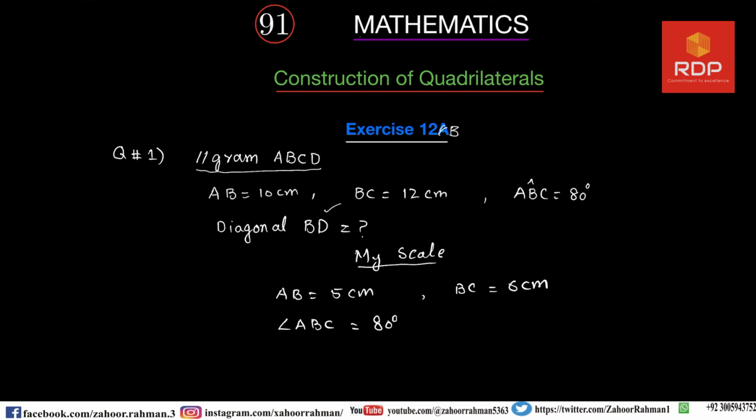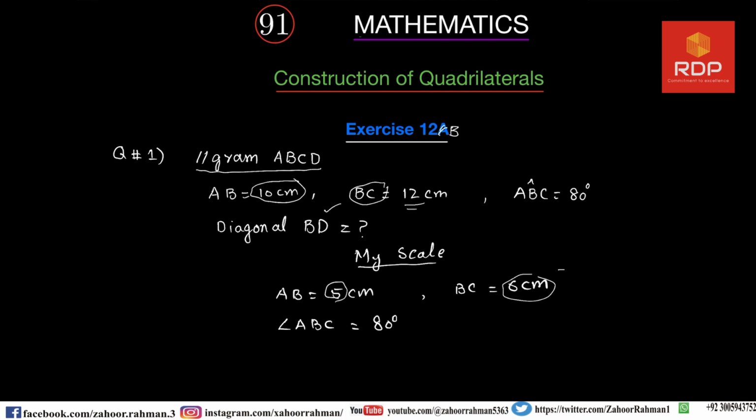Because I told you in many of my previous lectures that I reduce the scales due to compulsion of instruments, my scale will be 5 centimeter for AB, half of 10, and BC will be 6 centimeter, which is half of 12. No reduction in the size of the angle. The angle will be as it is.